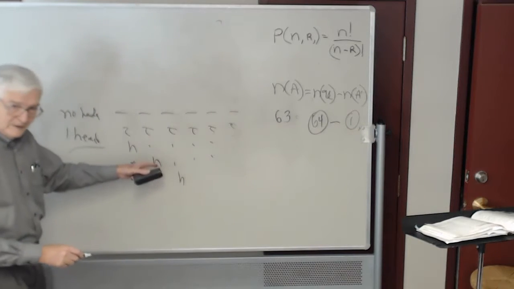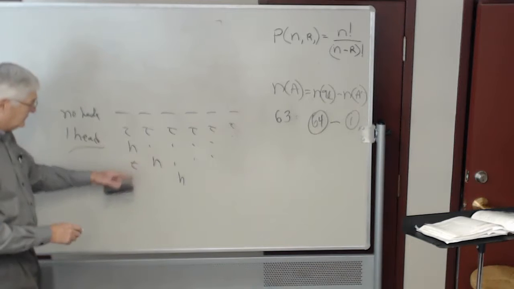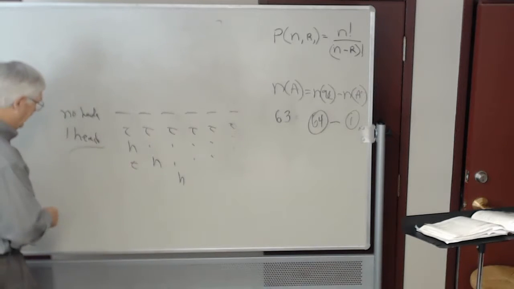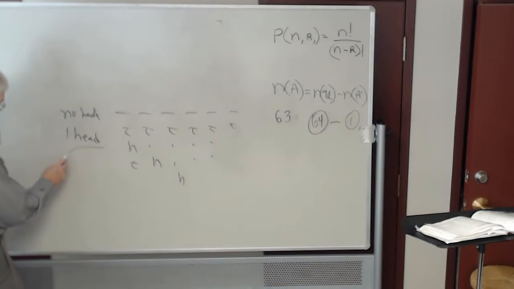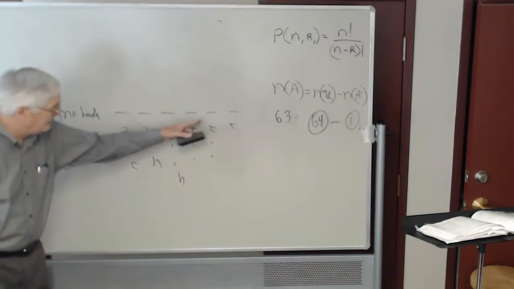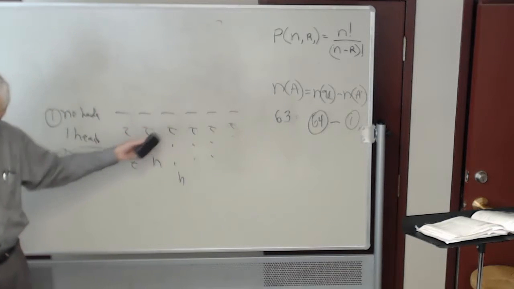Follow what I'm doing? And you can't use those either. How many of those would you have? 6 of them, wouldn't you? 1, 2, 3, 4, 5, 6, where it's 1 head and no tails.